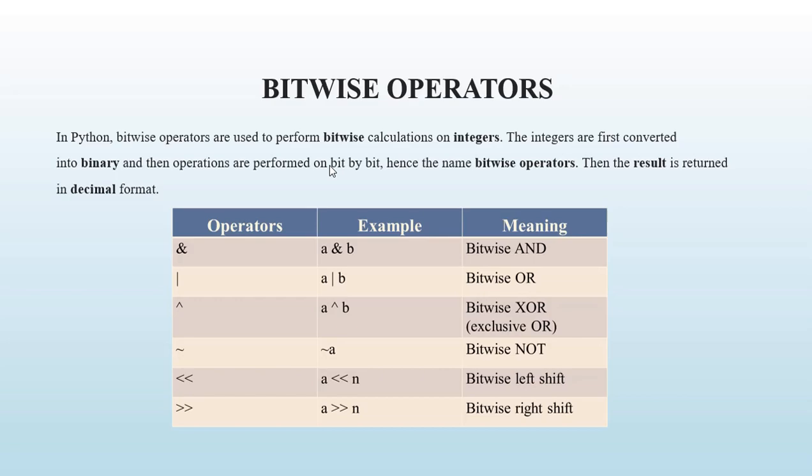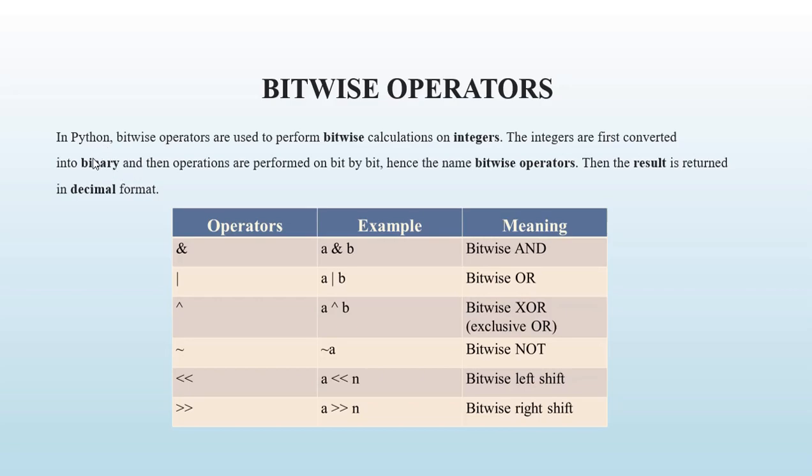That's why we call them bitwise operators. Then the result is returned in decimal format. So our inputs are integers and our output is an integer, but in between, operations are performed on binary bits.